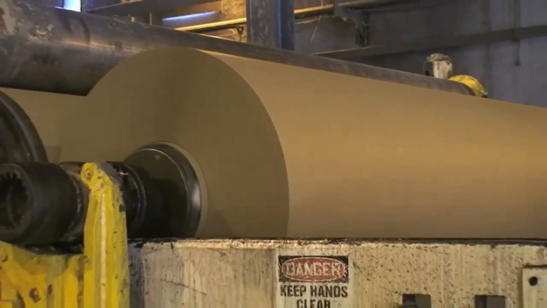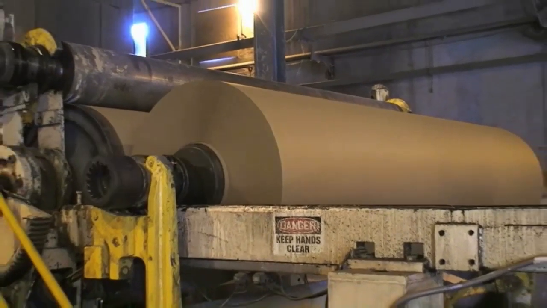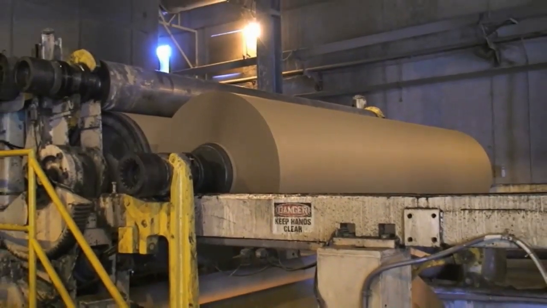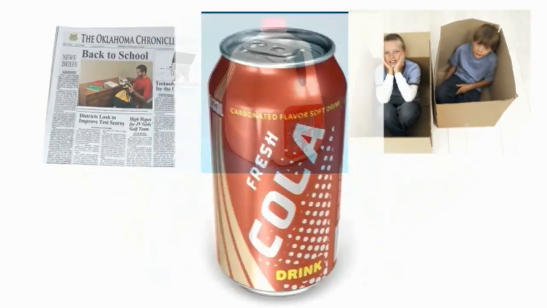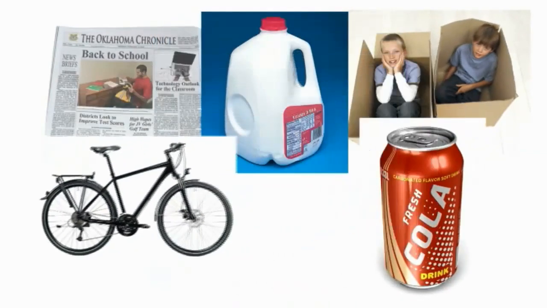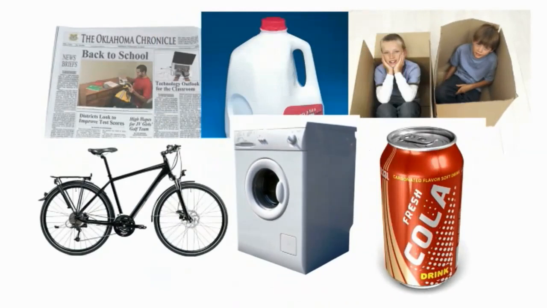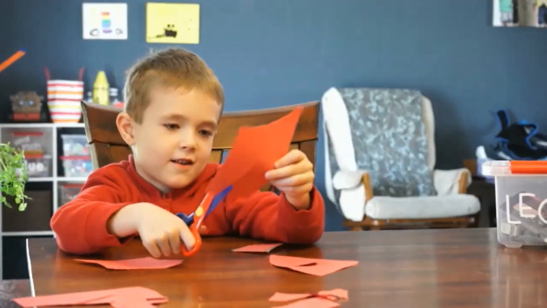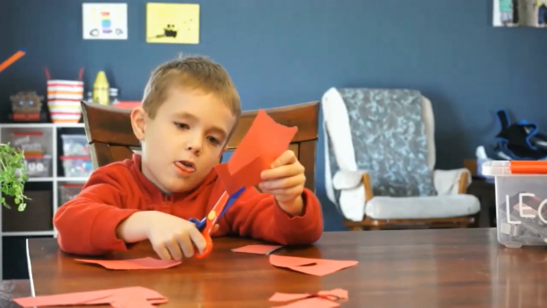Then, that paper and cardboard mixture is turned into this huge roll of new paper. Newspapers, cardboard boxes, milk jugs, soda cans, bicycle parts, and even washing machines can be made with recycled materials. What kinds of things will you use today that were made from recycled materials?